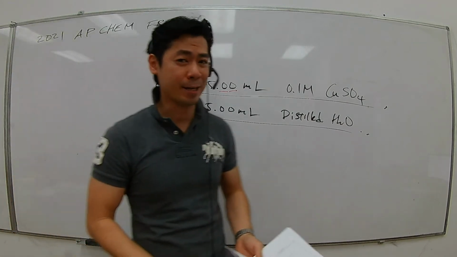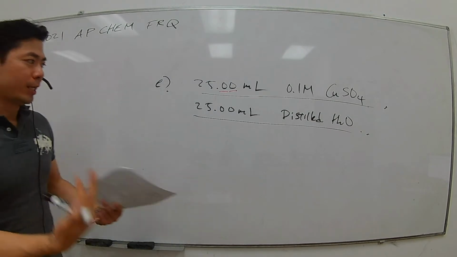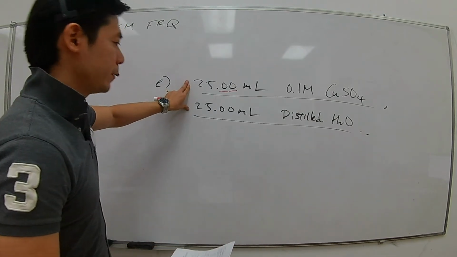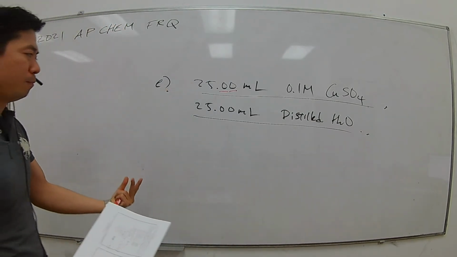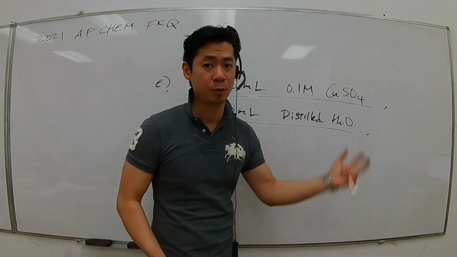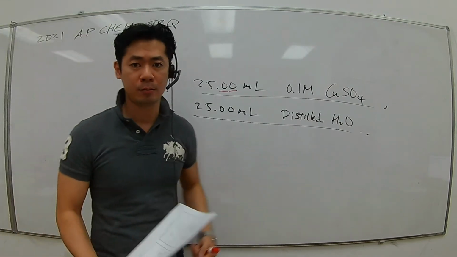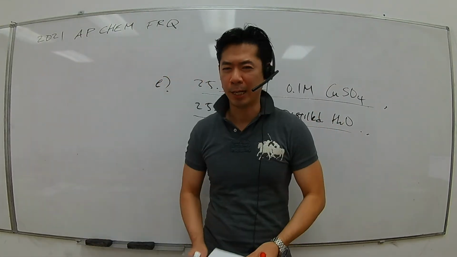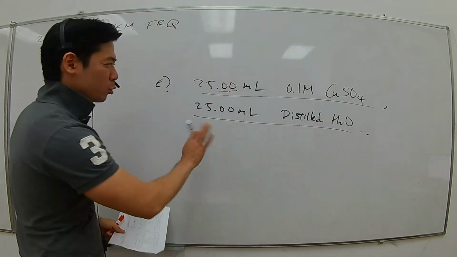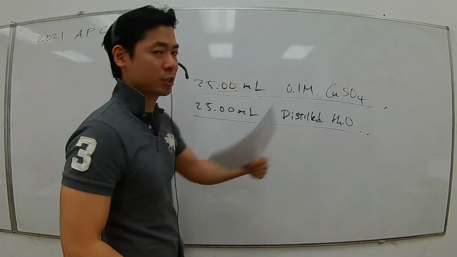Those are pretty accurate measurements. They're giving you a 50 milliliter volumetric flask, so you add 25 milliliters of each. But how are you going to deliver not just 25, but 25.00 milliliters of the copper sulfate?